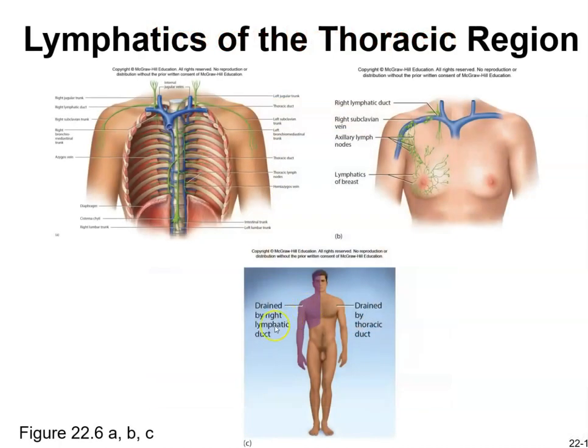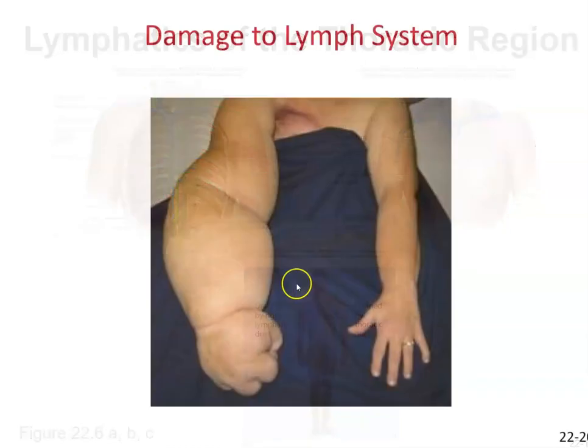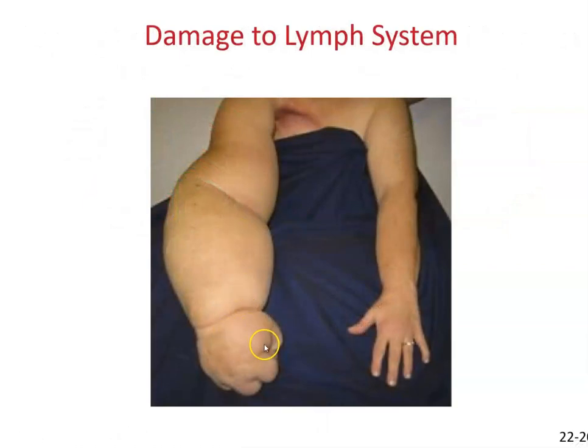So remember, the right lymphatic duct drains the right arm, the face, and the chest. Well, if you have damage due to breast cancer, guess what? This is what happens. Now, this is very difficult to treat because you're going to have to do all sorts of lymphatic drainage, wrapping. Unfortunately, this is a very difficult case.